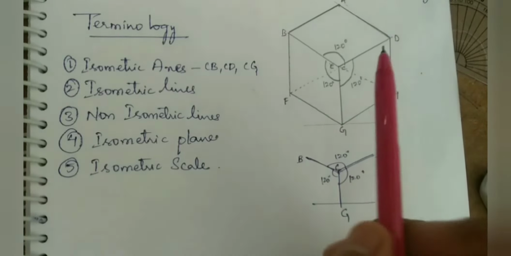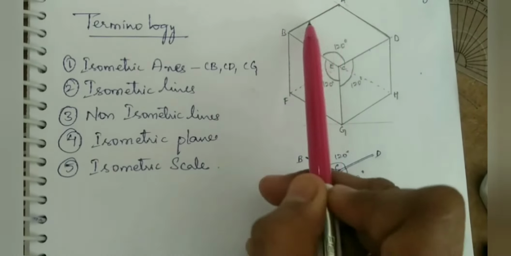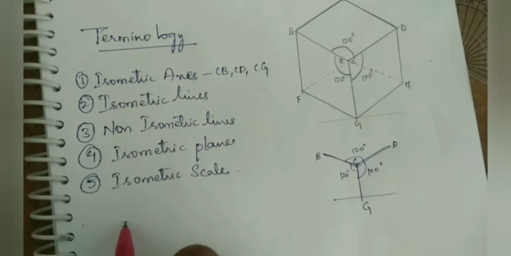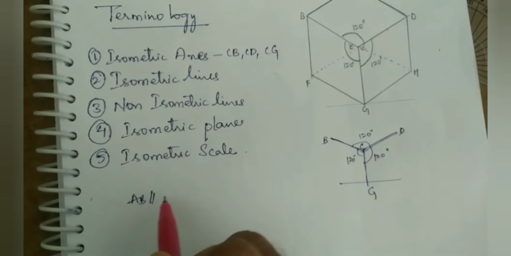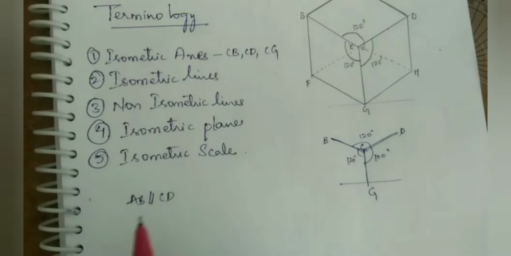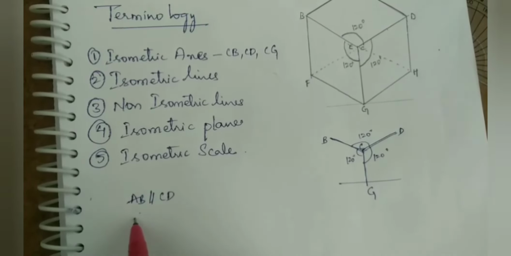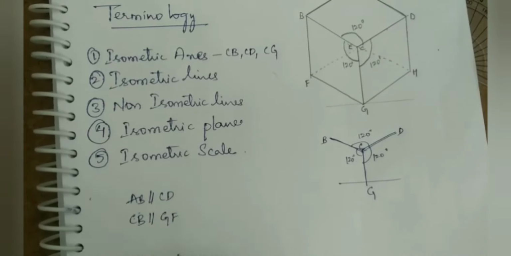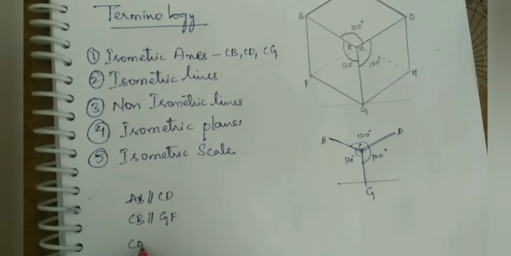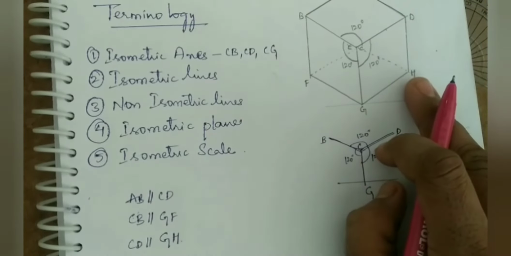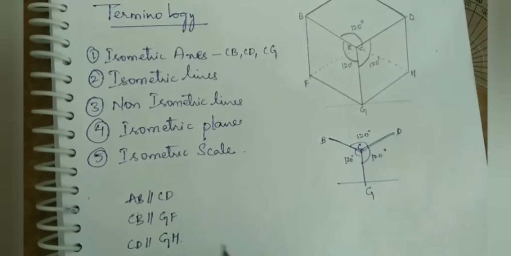The other lines which are parallel to it: AB is parallel to CD, CB is parallel to GF, and CD is parallel to GH.